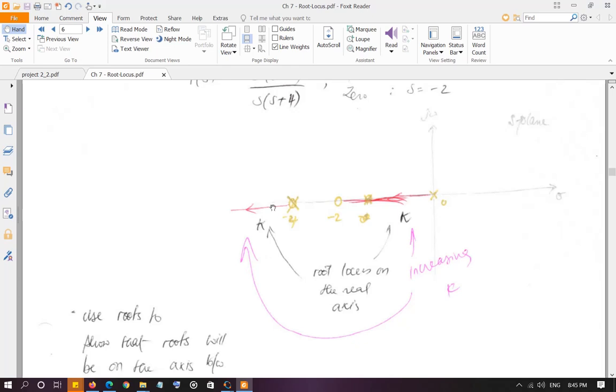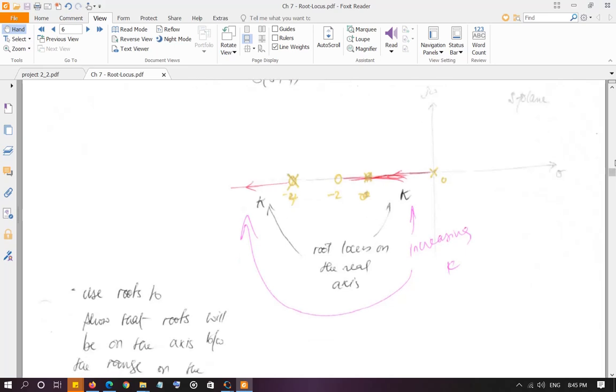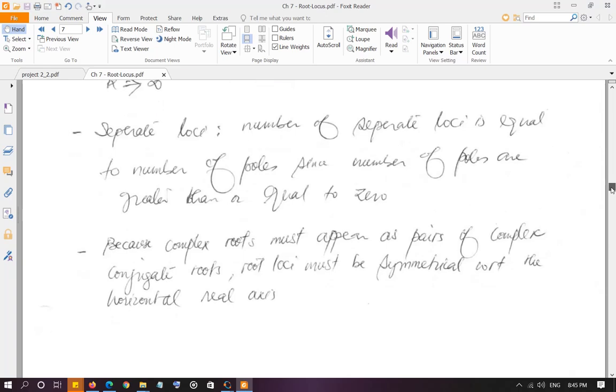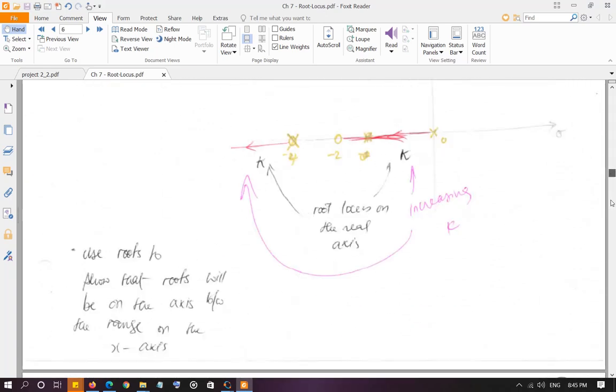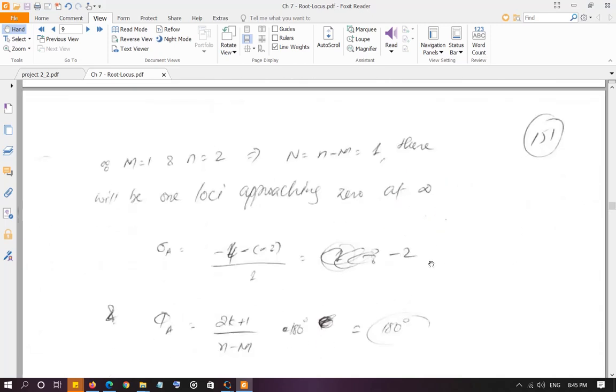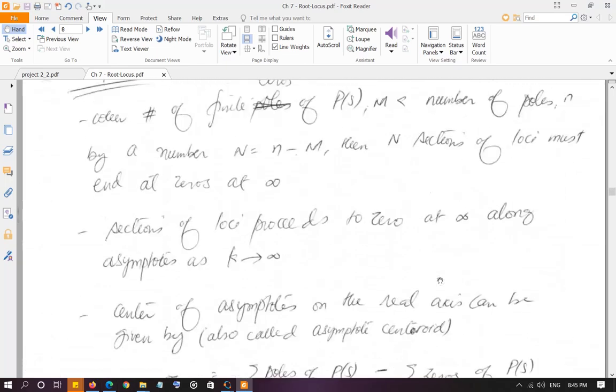So here it is. Your centroid is right here. In this case, centroid doesn't really matter actually, because it is along the x-axis, but your centroid was -2, and your angle is 180 degrees.